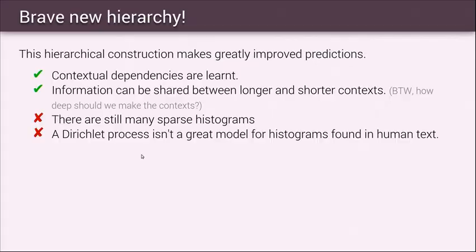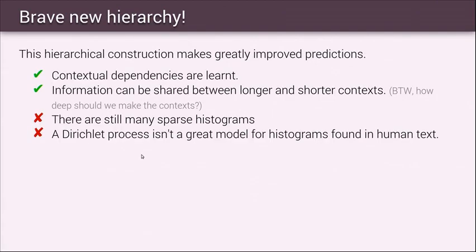So instead of having a uniform base distribution at the end, we will use the empirically learned distribution of the next shorter context. So this way, we're asking the longest context first to predict what the next symbol is going to be. If the long context doesn't know, we'll ask the next shorter context. And that's how we're generating data, and that's how we're learning all these hierarchical histograms.